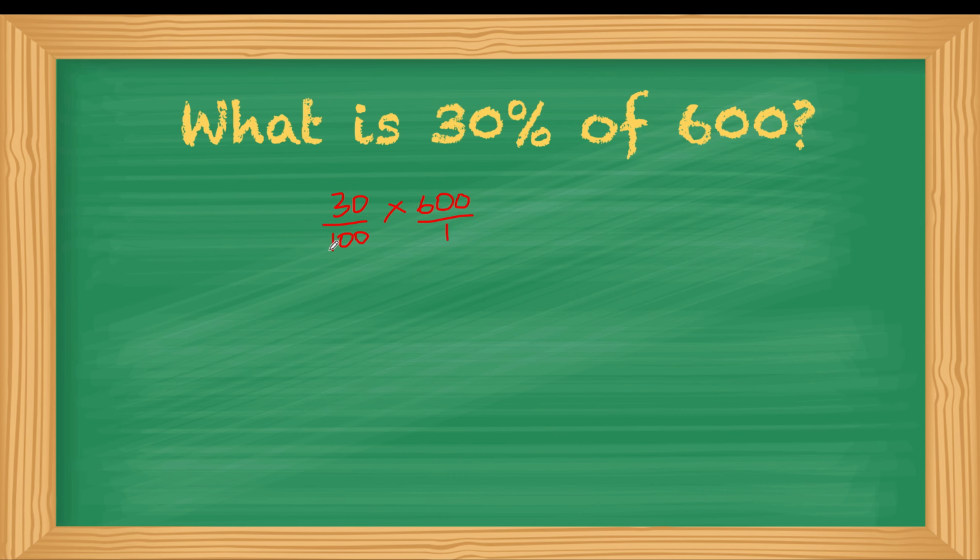Alright, now we can say 100 into itself goes one time, and 100 into 600 goes how many times? 6 times. Very good. Now we can multiply 30 by 6. When we multiply 30 by 6, what would we get? Very good. 180. So here we now know that 180 is 30% of 600.